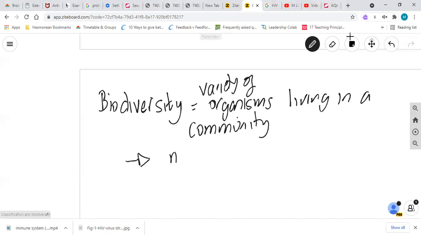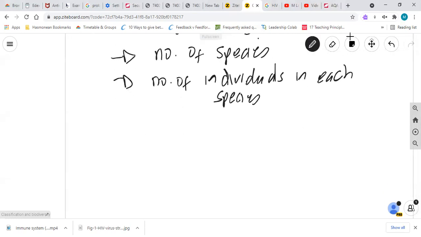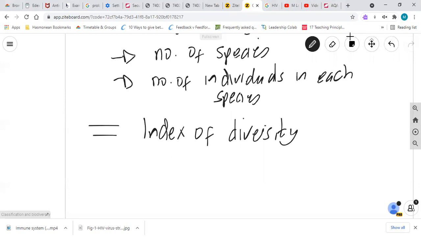We need to know the number of species, and we need to know the number of individuals in each species. And then we can use that to calculate an index of diversity. And the normal one is Simpson's index, but there are other forms of index.